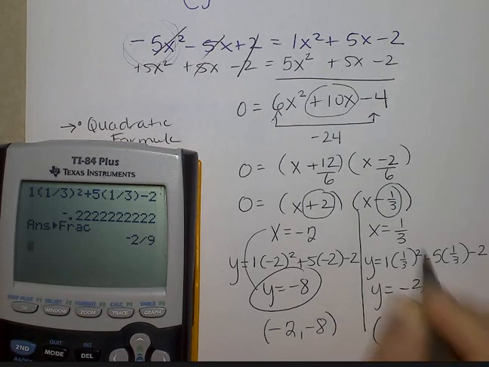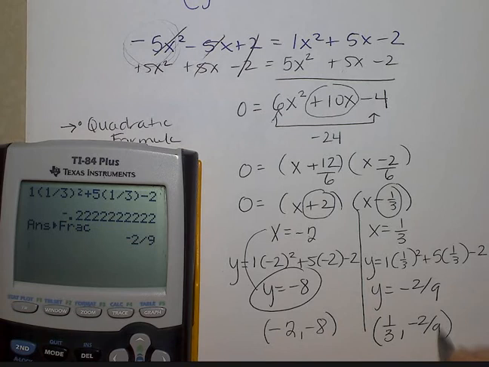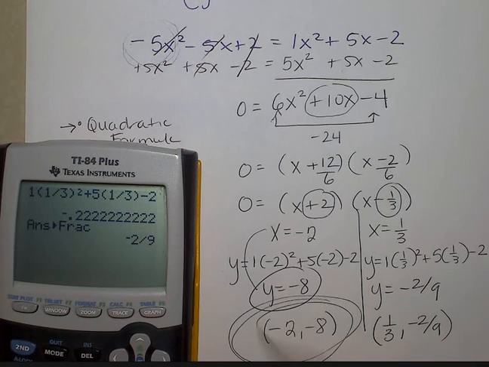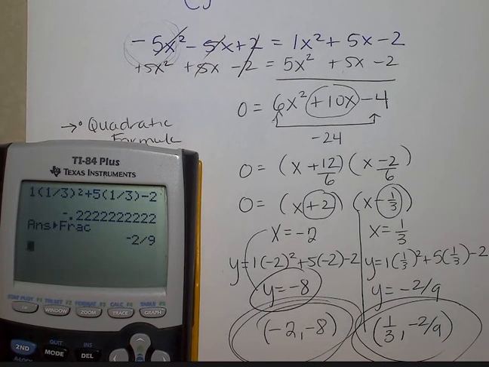The coordinates of the second intersection point are 1/3 and -2/9. These are the two final answers. The biggest mistake students make is they come up with two x values and then they stop. Or they come up with one x value and they stop and they forget to get the corresponding y value.